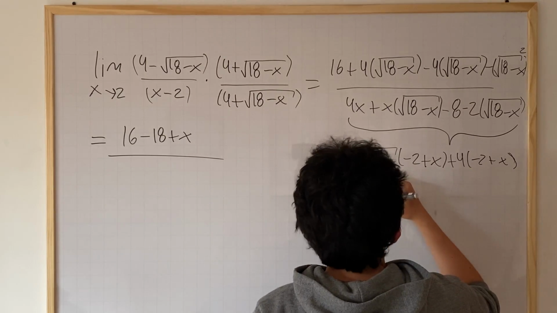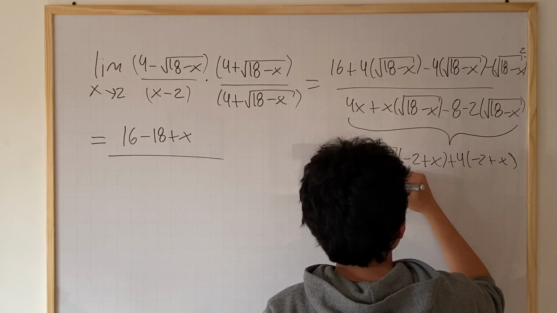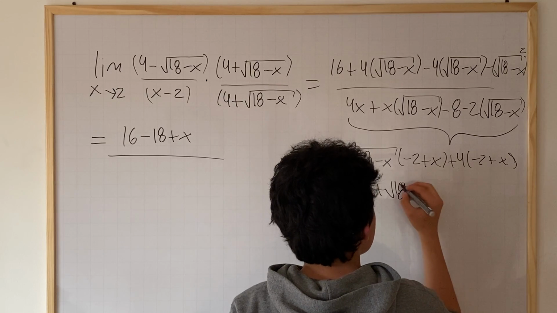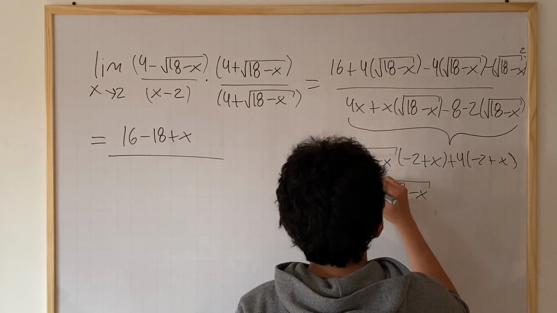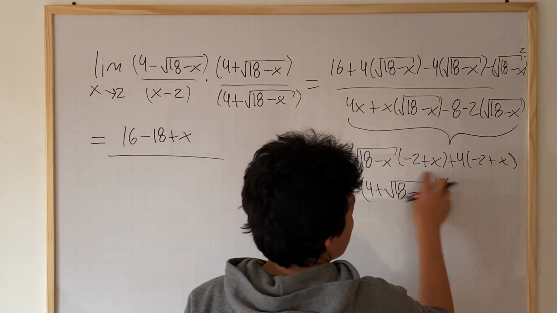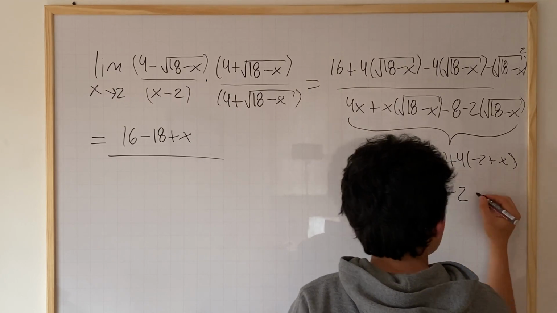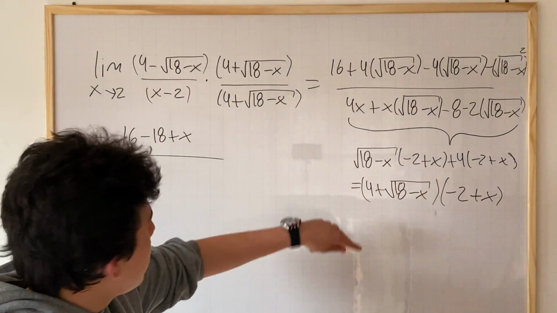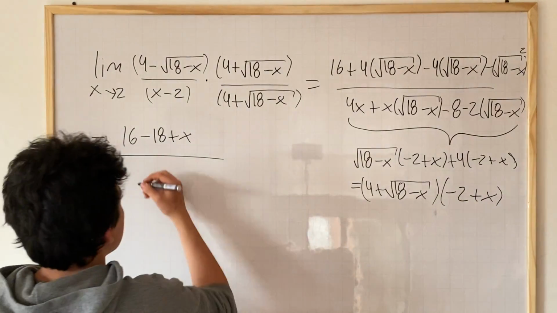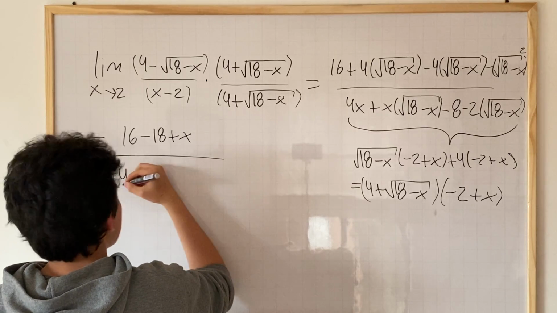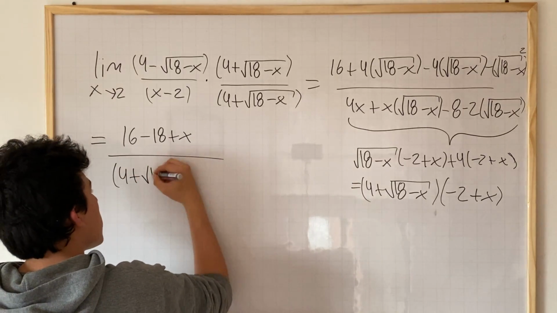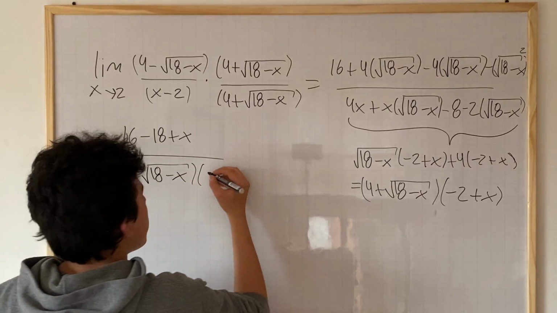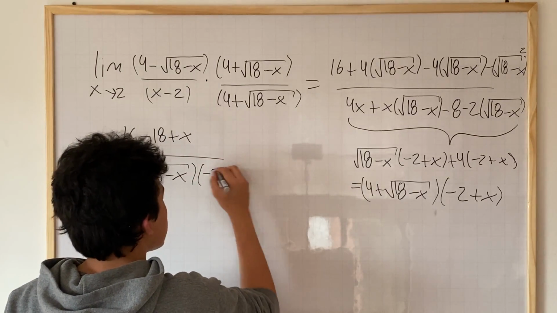So we're going to have 4 plus square root of 18 minus x, parentheses, times, now these common factors, minus 2 plus x. Cool. Now this would be the bottom, so we can plug that in here. We get 4 parentheses 4 plus square root of 18 minus x times minus 2 plus x.